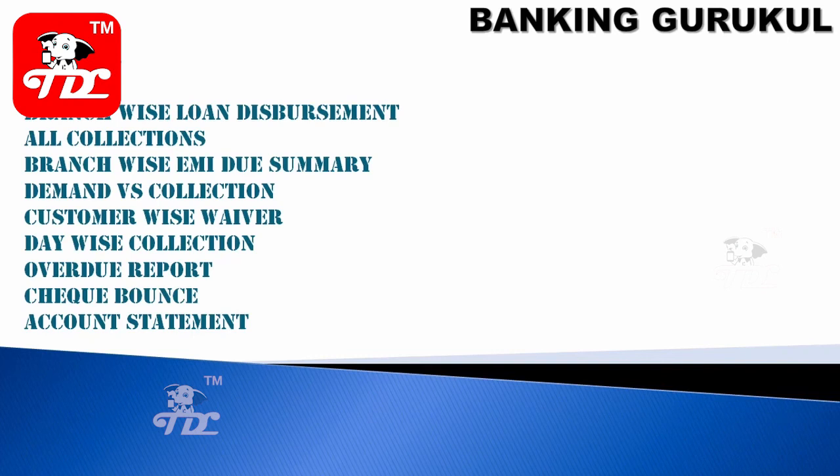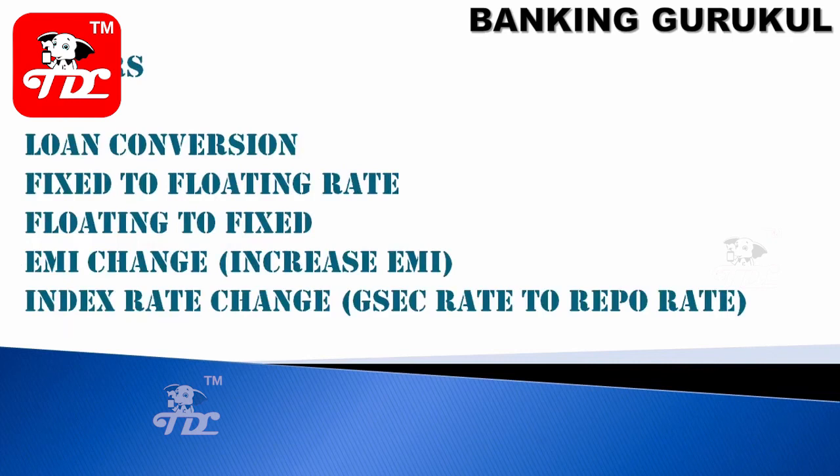Branch wise EMI due summary. Demand versus collection: what was the demand and what collection we received. Customer wise waiver report: what waiver we have given to the customer. Day wise collection report, overdue report, check bounce details, check bounce charges, customer account statement. These can be generated from the LMS system.